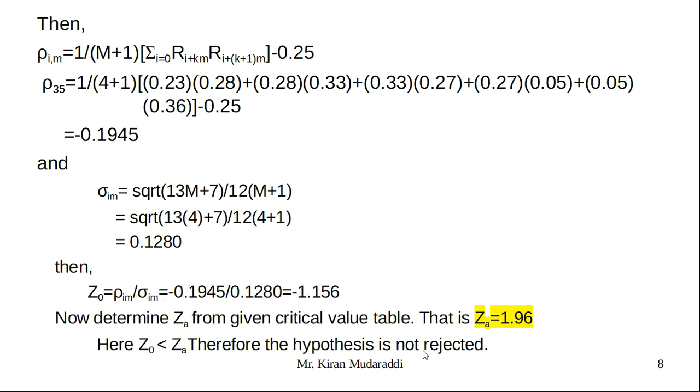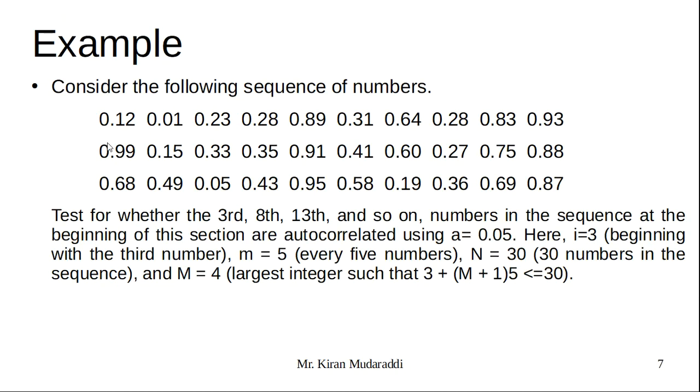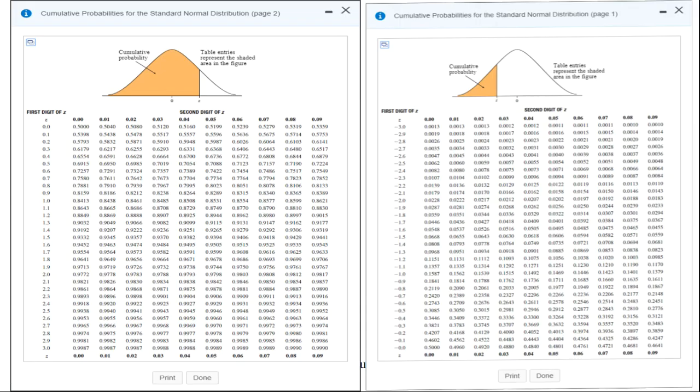Therefore, the hypothesis is not rejected, and this given sequence, the 3rd, 8th and 13th numbers and so on, are not dependent. So it gives a chance to say that the given sequence of numbers is not dependent. That means the property is independence, so we are going to accept these numbers.